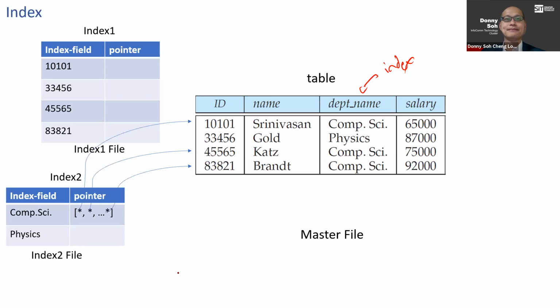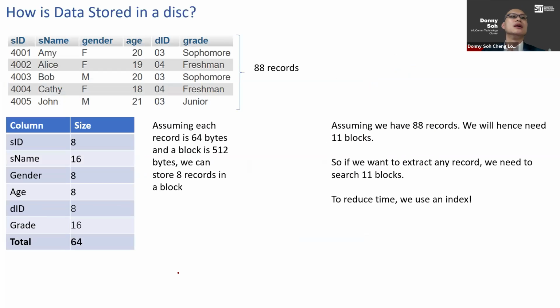Let's go on to the next slide. We go back to the example we said earlier. Recall that each record is 64 bytes. One block is 512 bytes, and we can store 8 records in a block. If we have 88 records, because there are 8 records in a block, we need 11 blocks.